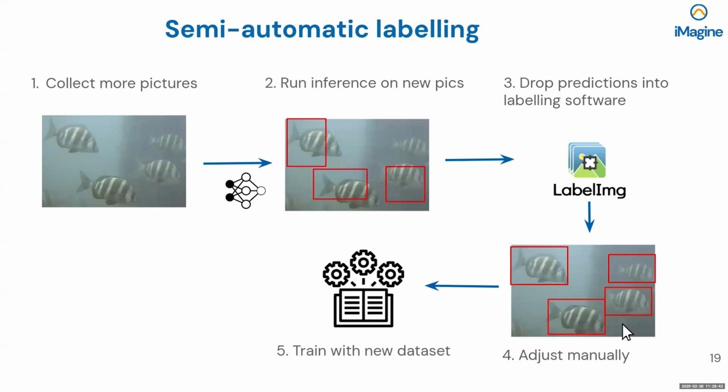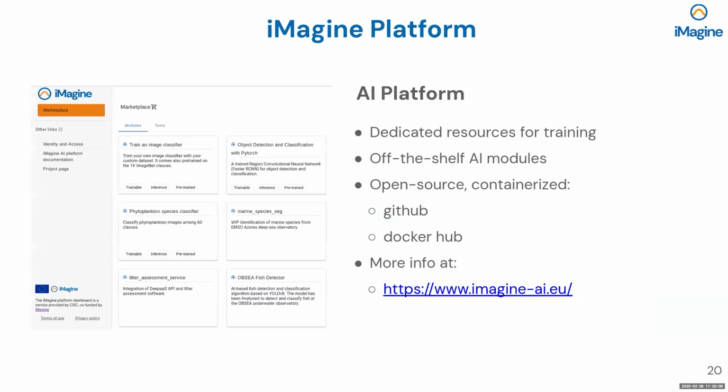You can retrain, and then you have this improved model and you close the loop. So once you have the first model, it can help you in the labeling of new images, and it's much simpler to get more pictures with better labels and retrain it. That's something that can also be done.